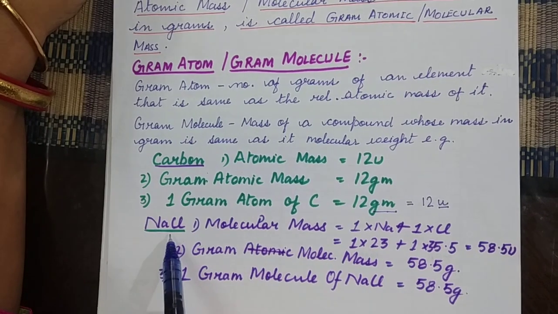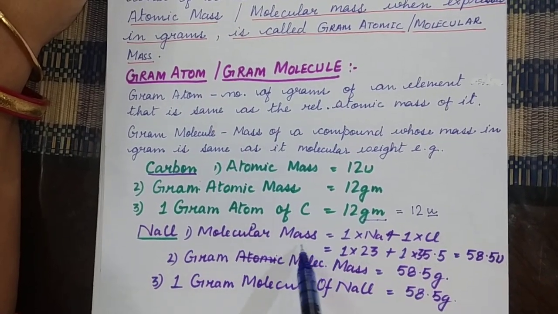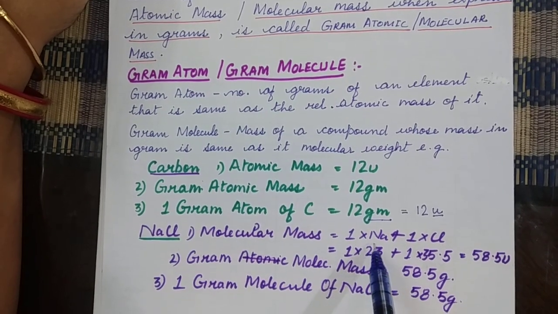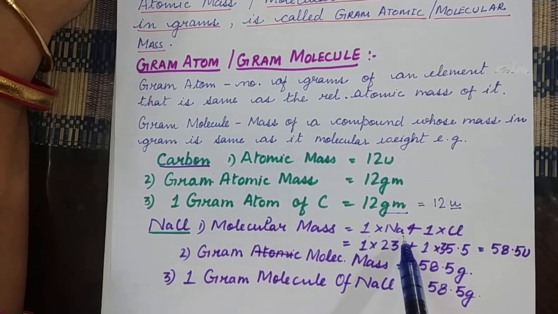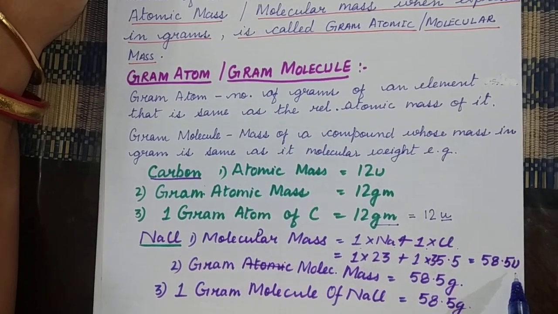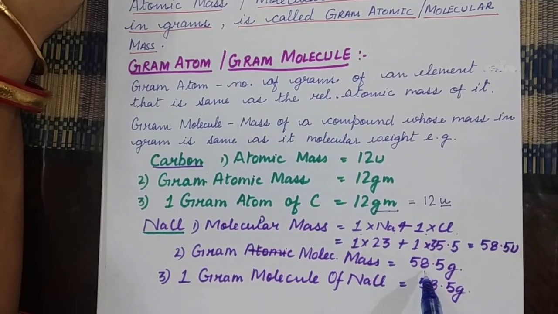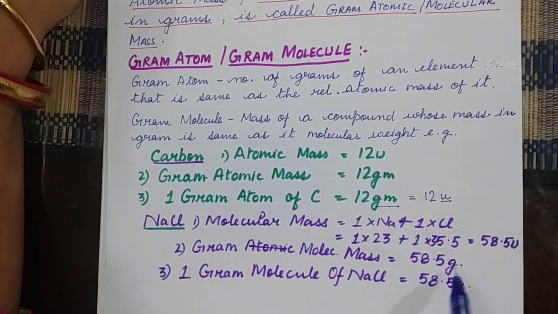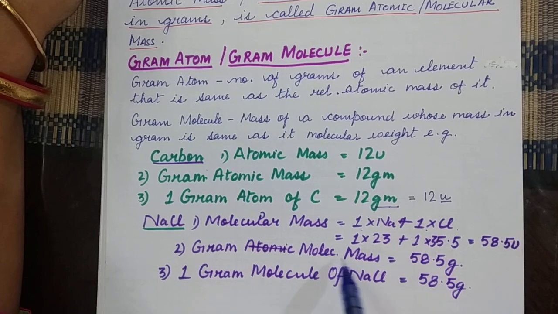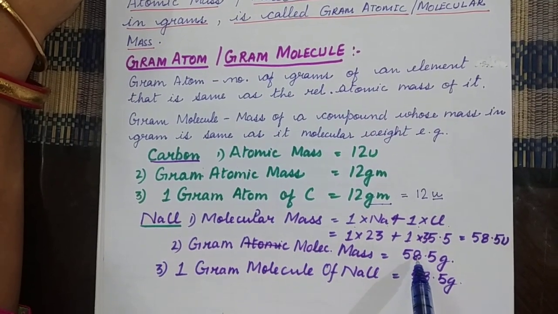The molecular mass of NaCl is 1 into Na plus 1 into Cl. I have put the values. It comes out to be 58.5 U. When this 58.5 U is written as 58.5 g, it becomes gram molecular mass.